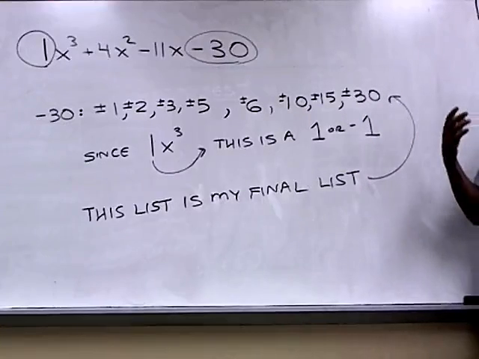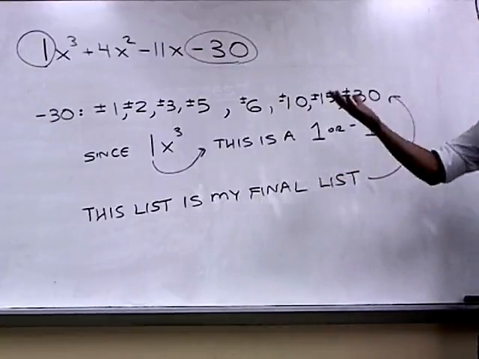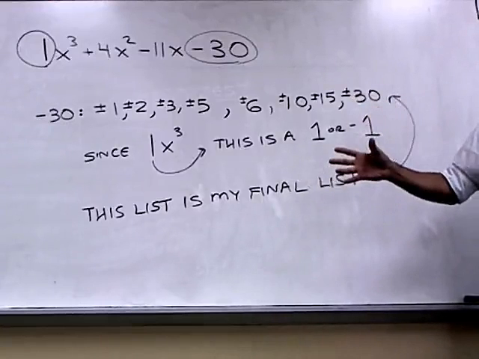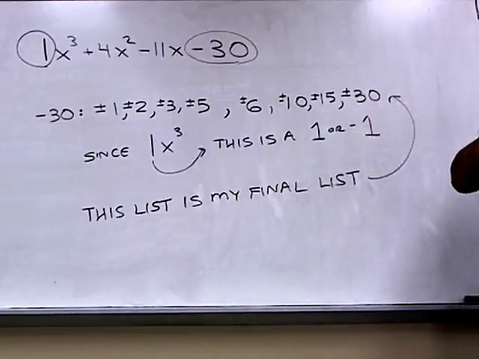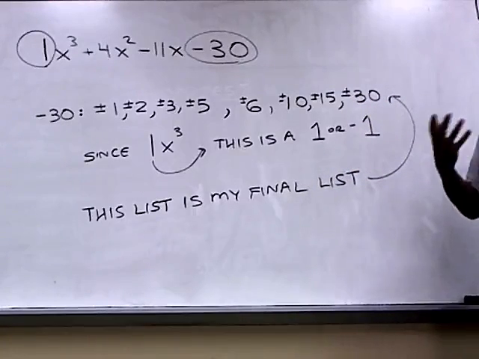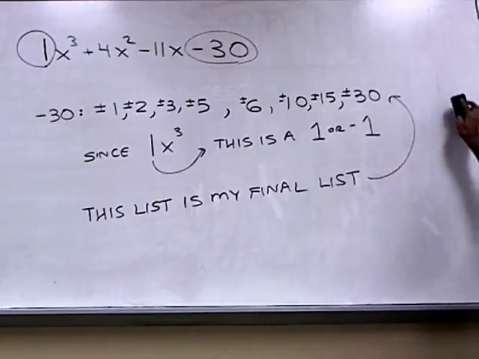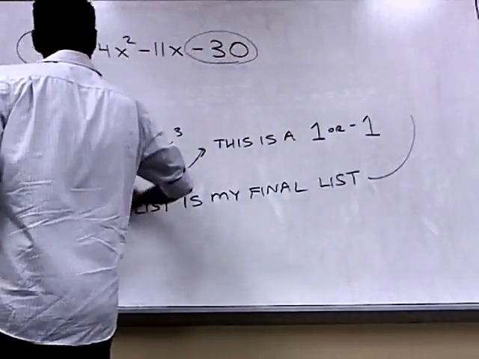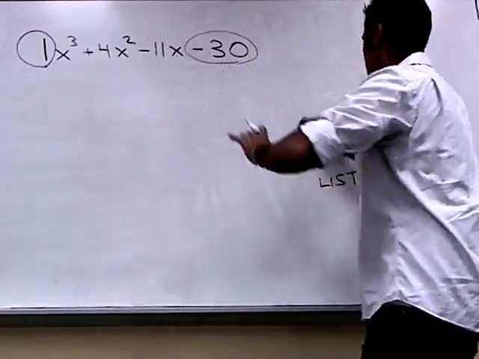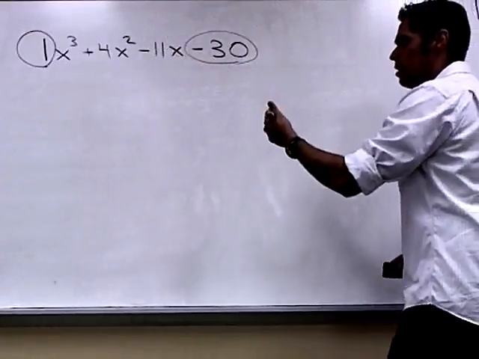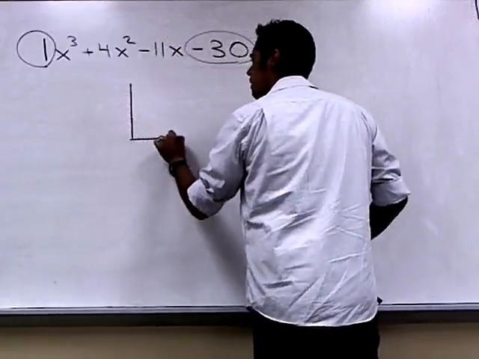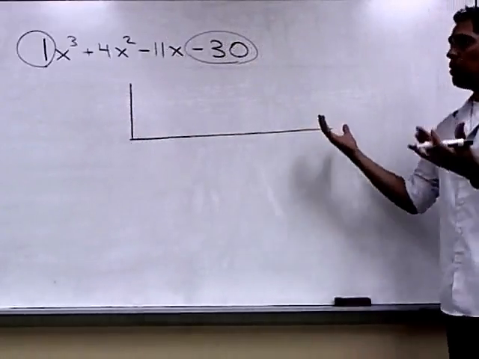And so what we would do now is go through this list until we get it to work with the synthetic division. Understand? It's a little tedious, isn't it? I mean, can you see the potential for this to kind of suck a little bit? Okay, so let's now act like we haven't done this problem. We've created our list. Now where do we start in the list?